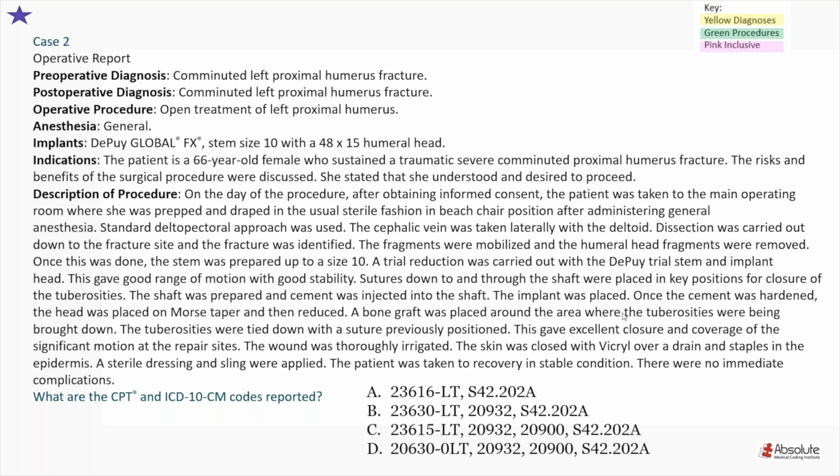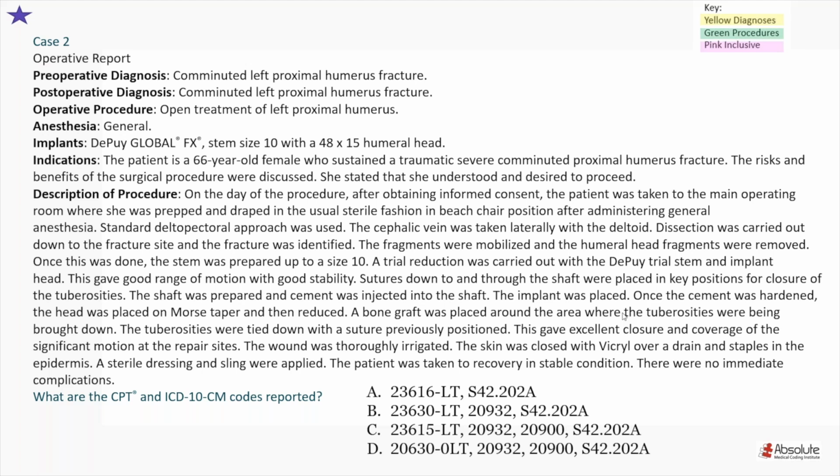C, 23615, modifier LT, 20932, 20900, S42.202A. D, 20630, modifier LT, 20932, 20900, S42.202A.